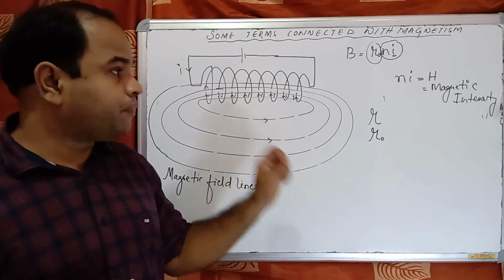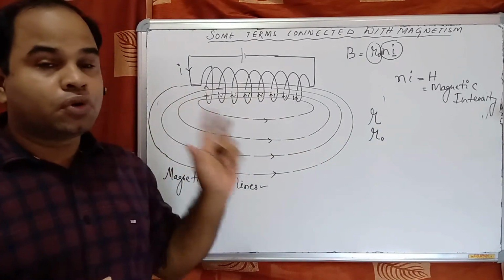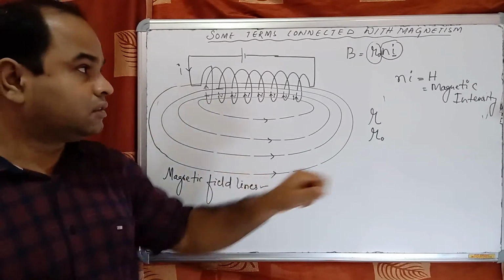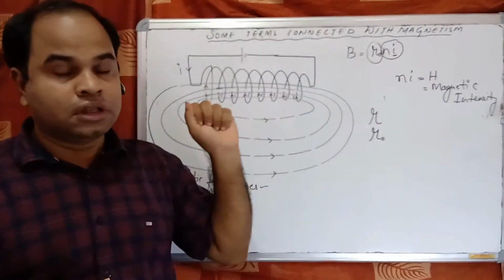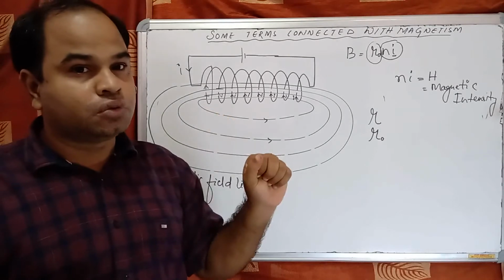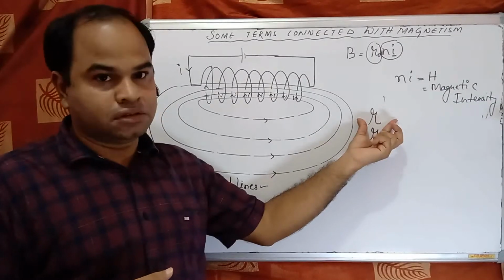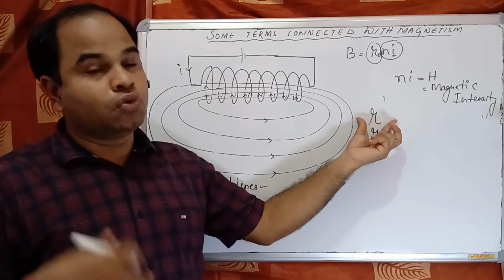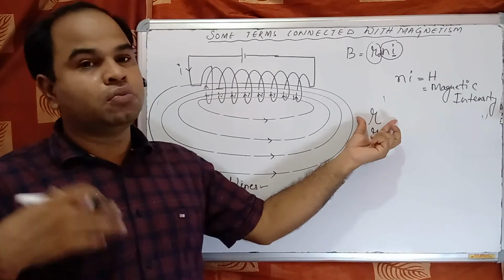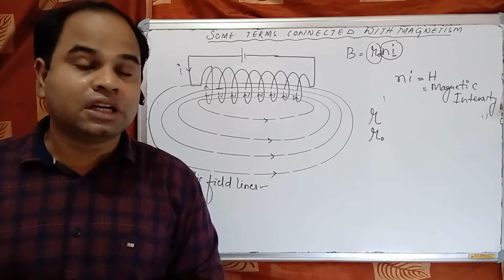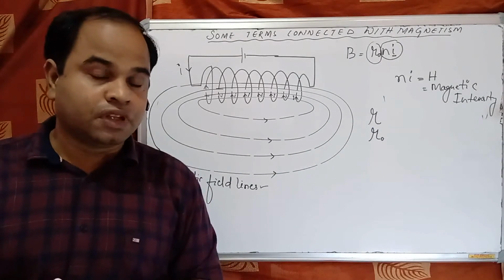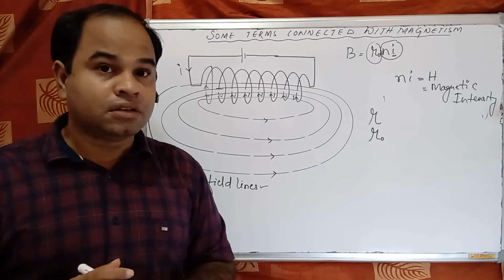Again, the solenoid produces magnetic field lines. These field lines will travel through the medium. That is called the permeability of the medium.